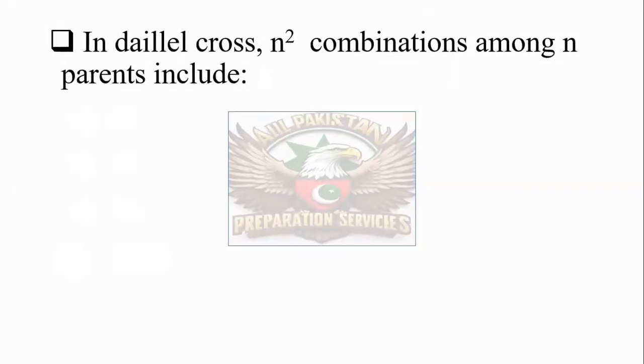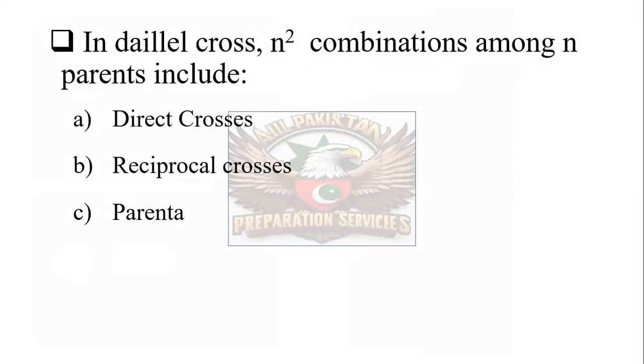In diallel cross, n-square combinations among the parents include direct crosses, reciprocal crosses, parental crosses, or all of these? The correct one is all of these. In diallel cross, n-square combination among the n parents include all three vectors like direct crosses, reciprocal crosses, and parental crosses.